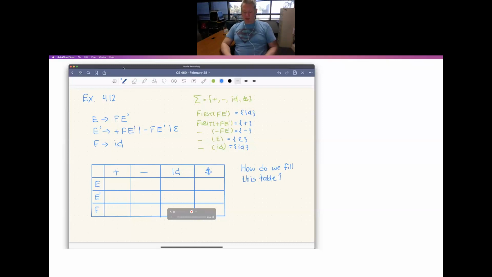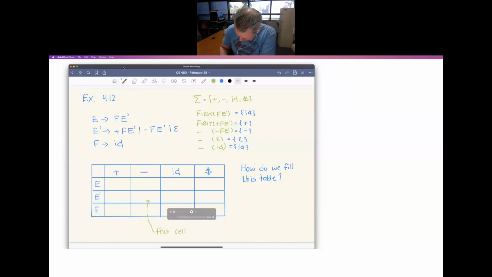Right. So now the question is, how do we fill that table? And what I want is, remember the following. If I'm trying to parse an E and I see a plus, which of E's right-hand sides should go there? Actually, let me point to here.